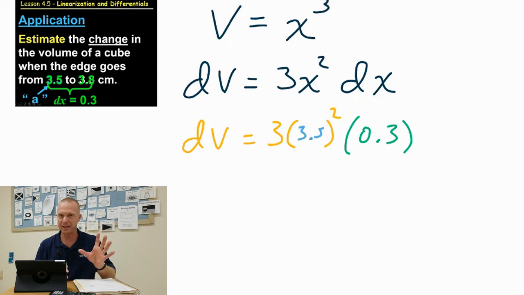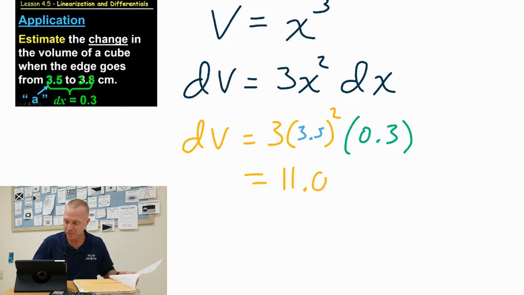You don't have to find other numbers. You just need the starting number and the change in x. You would pop that into a calculator. That's expected, and you end up with an estimated change in volume of 11.025. And I guess we could say that that would be like a change of 11 centimeters cubed.